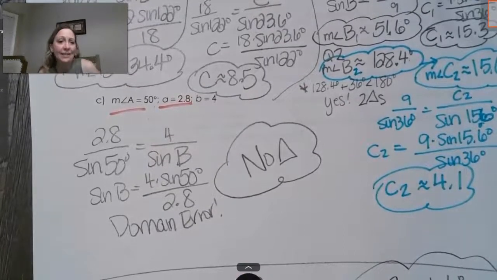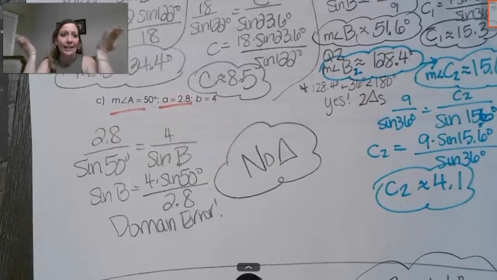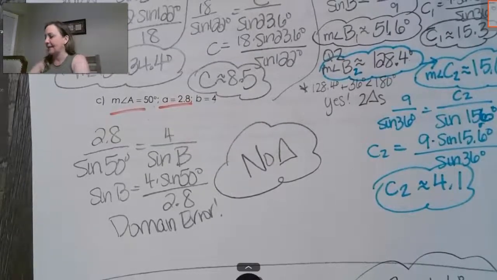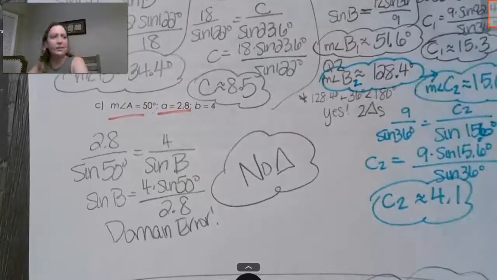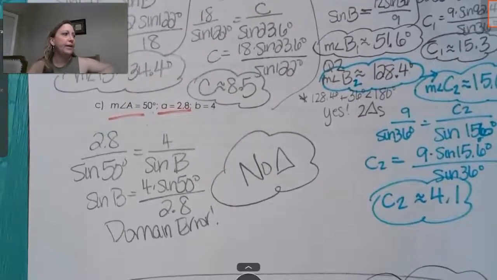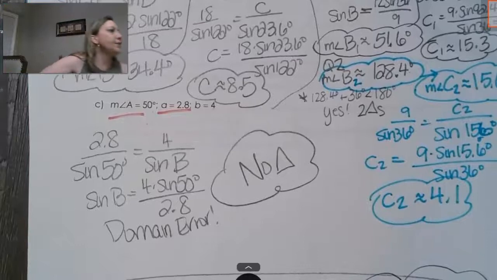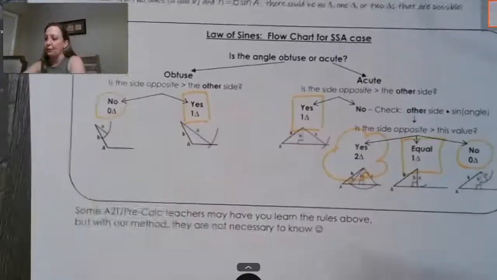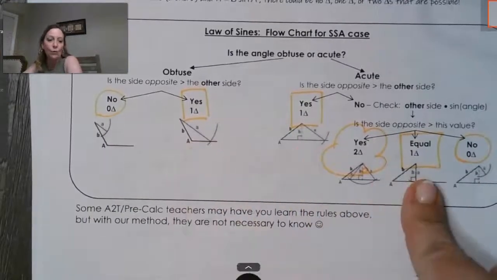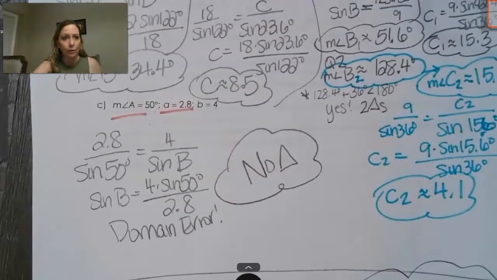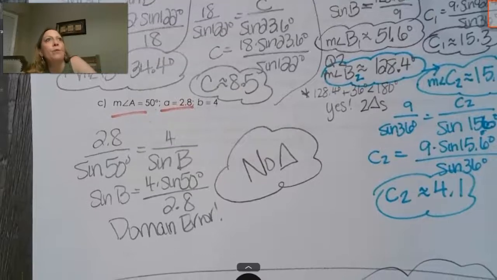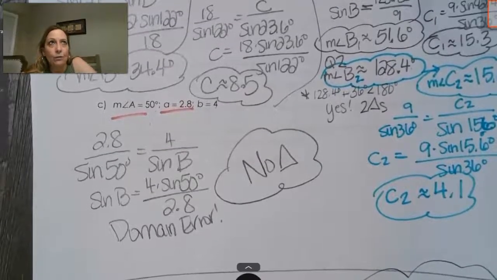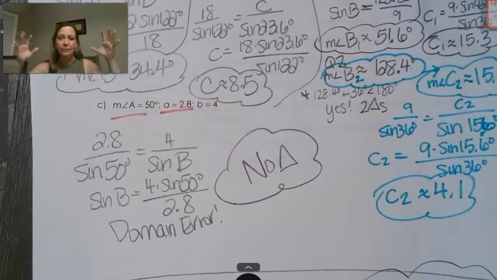Okay, so that's the gist. I really like doing it this way instead of all of those rules that I was kind of telling you to ignore the other day that some of the classes do. Some of the classes do all of these different rules where you have to do all this thinking, where I really feel that when we approach it this way, we're really thinking a little bit more about the big picture than memorizing.